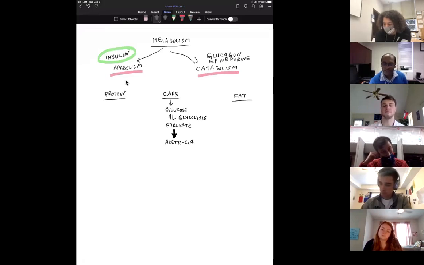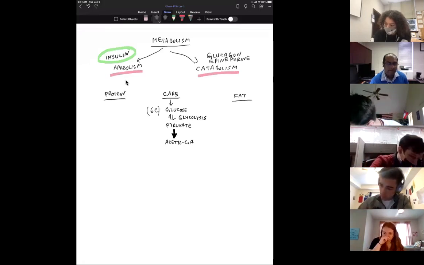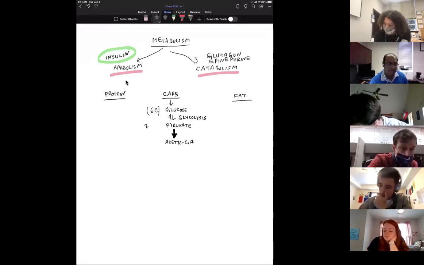Tell me how many carbons are in glucose? 6. So 6 carbons. What about pyruvate? How many carbons there? 3. So it is split symmetrically, and that is why it is called lysis. We are breaking down glucose.